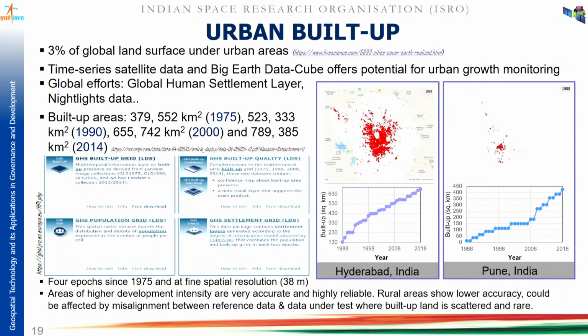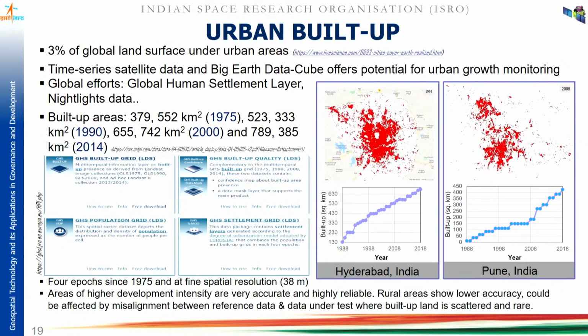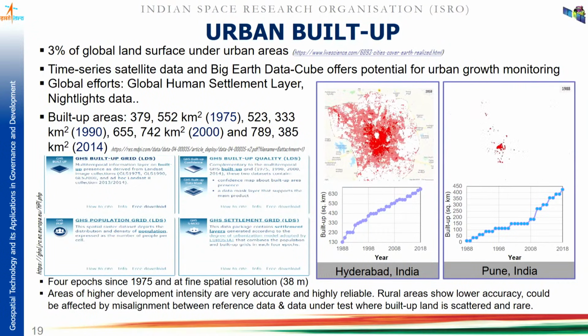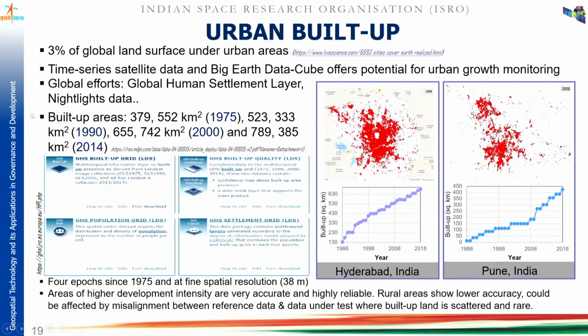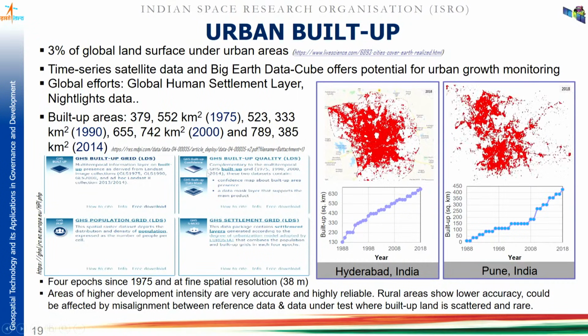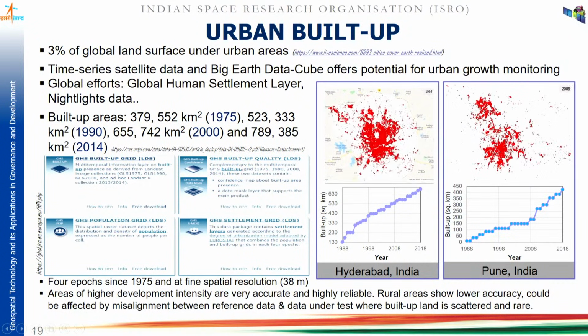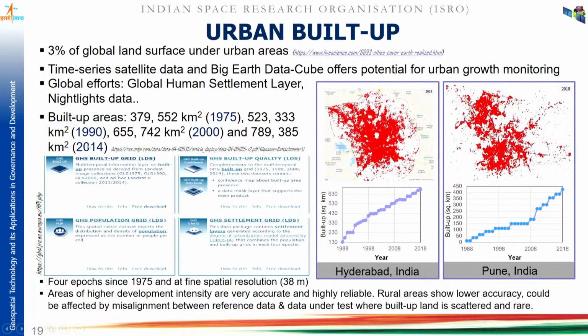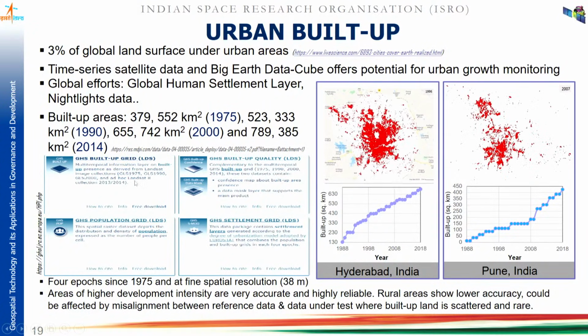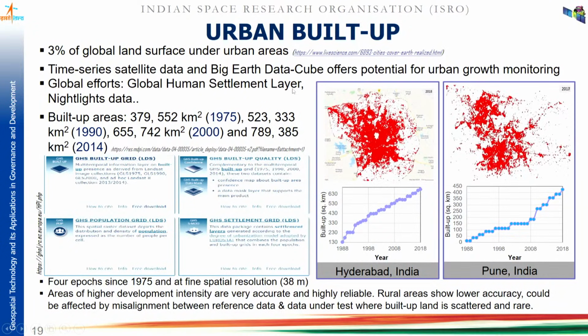So first of all, this we have done for Hyderabad and Pune city. I will show you some of the applications, like we have used remote sensing temporal images to do urban growth monitoring of 2 cities, but similarly you can do it for a number of studies. For this there is one site which offers the GHSL, that is called Global Human Settlement Layer.